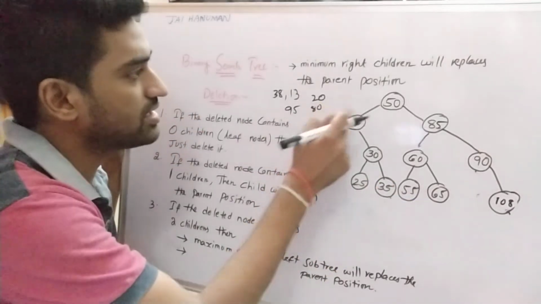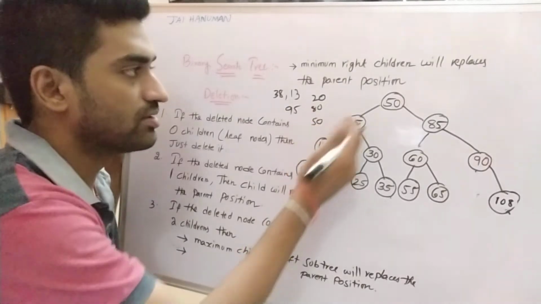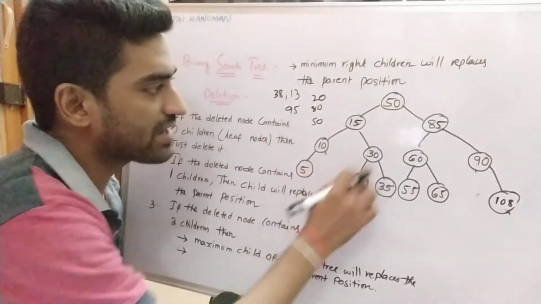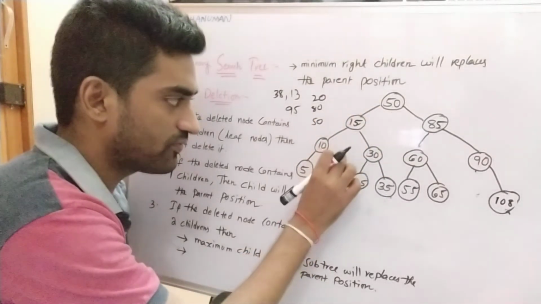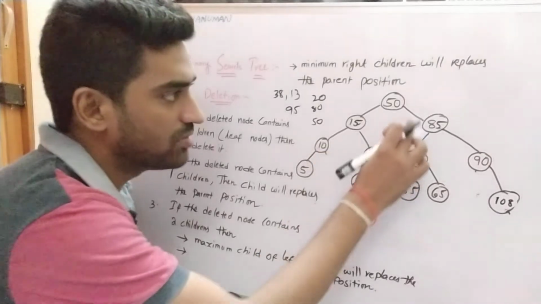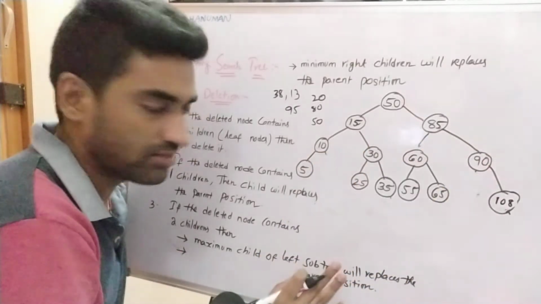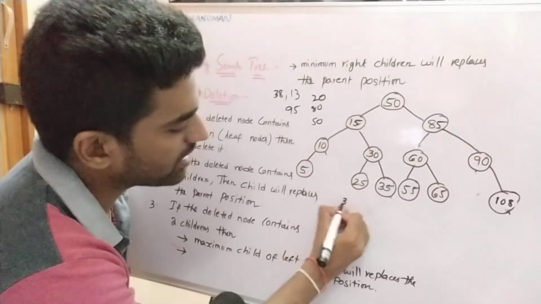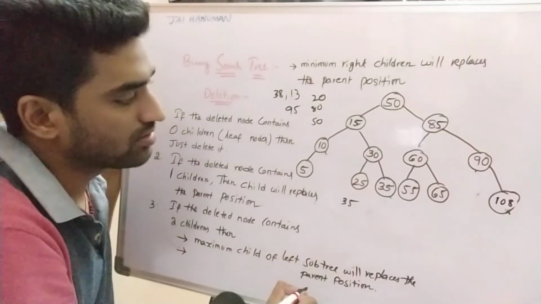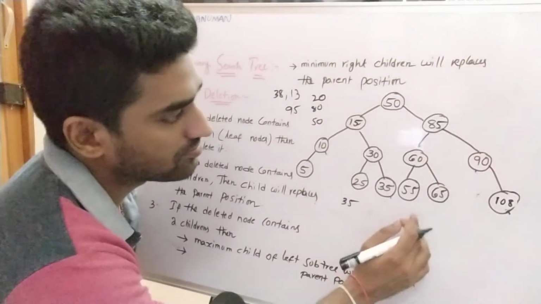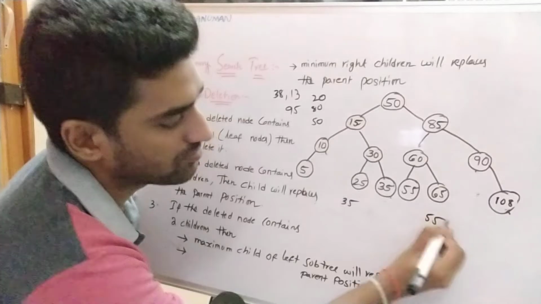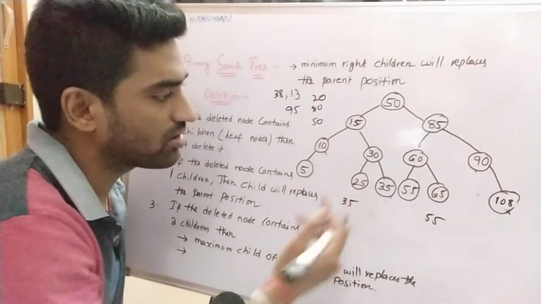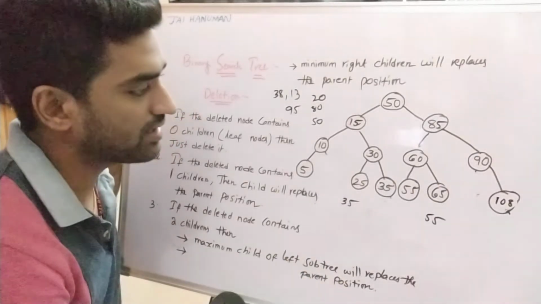Suppose I want to delete the root node 50. This node also contains two children. Either it can be replaced by the maximum child of the left subtree or the minimum child of the right subtree. What is the maximum left child for this one? 35. What is the minimum right child? 55. Either this one or this one replaces 50. Suppose I want to replace 50 by 55.